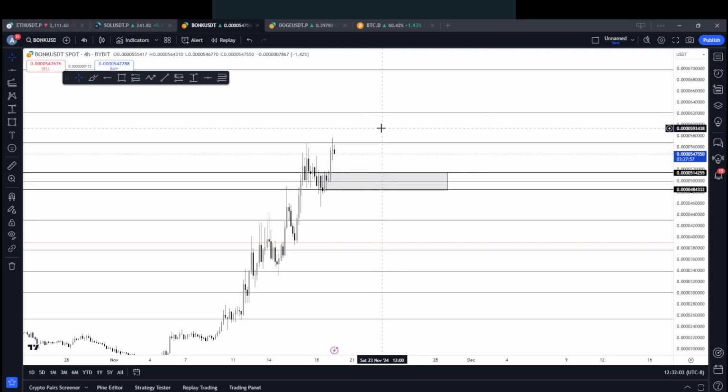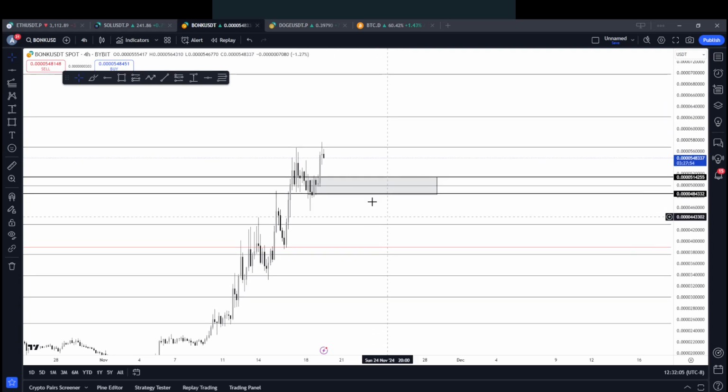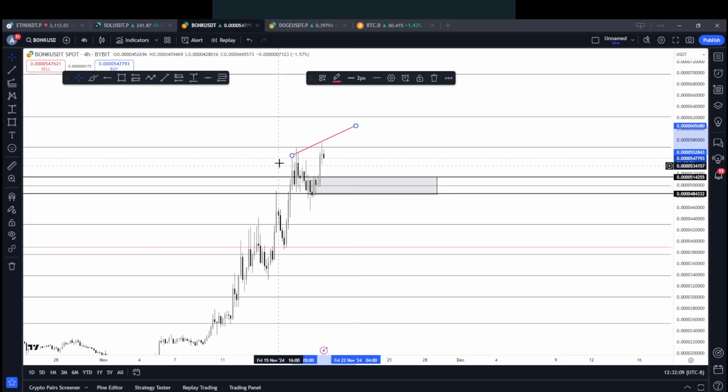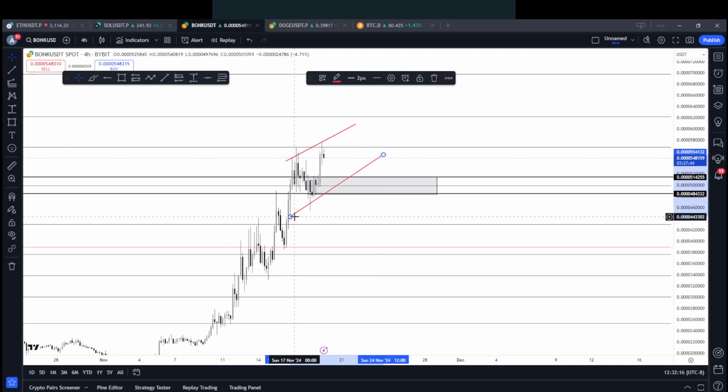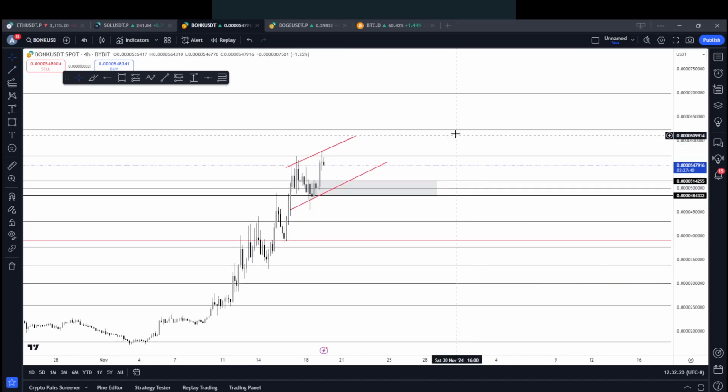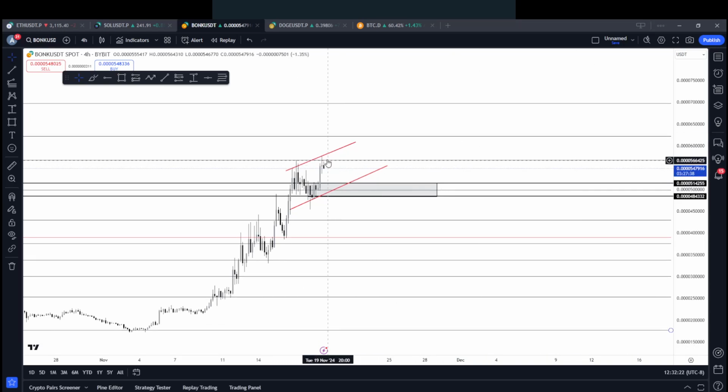Now be careful here because we could easily be putting in some type of 3 drive. It's an upward channel, so come back down here and do something like this.